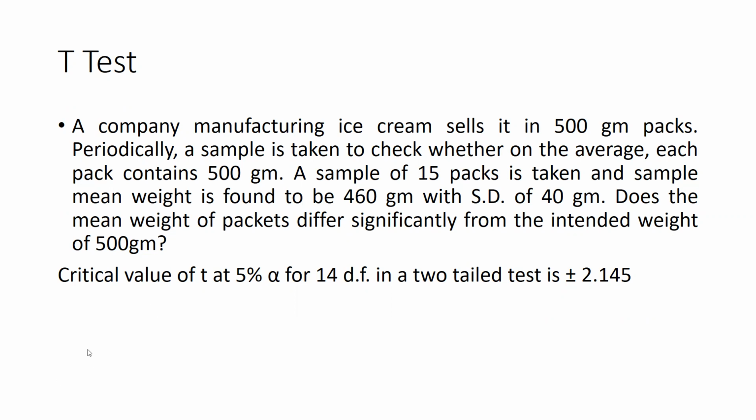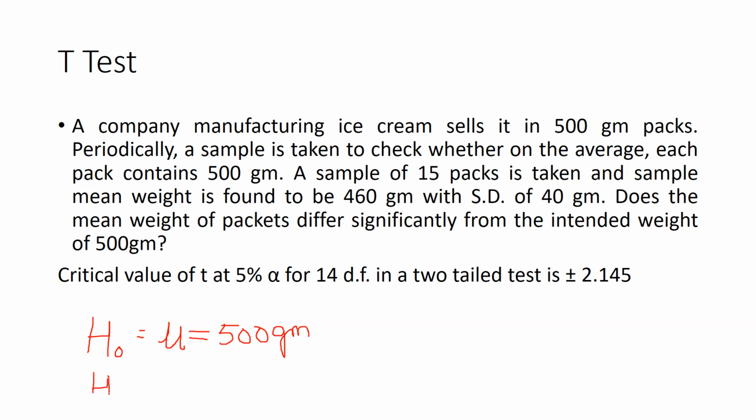First of all, we will create the hypotheses. What would be our hypothesis? That would be our null hypothesis. Null hypothesis: mu is equal to 500. As per the null hypothesis, we are saying there is no significant difference between the sample and the total population.